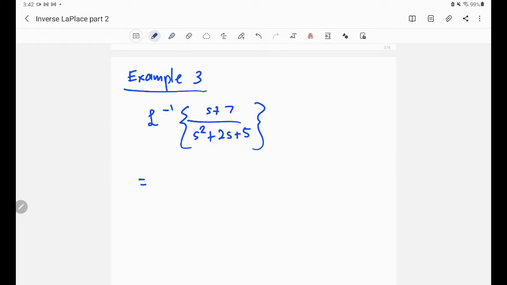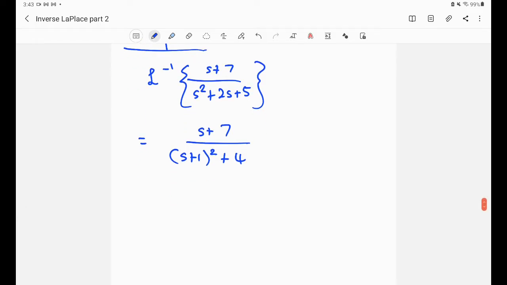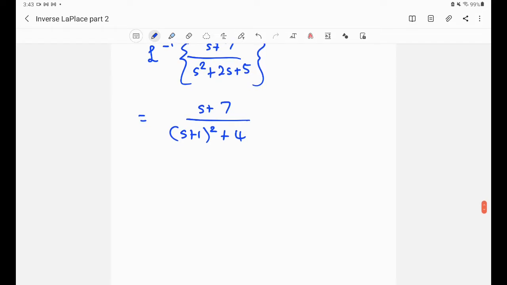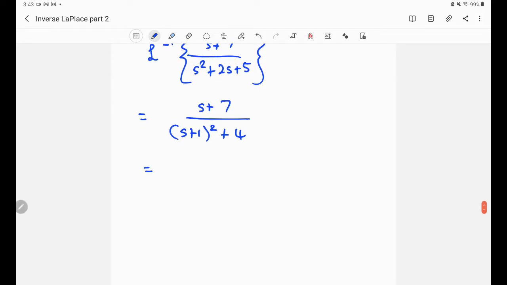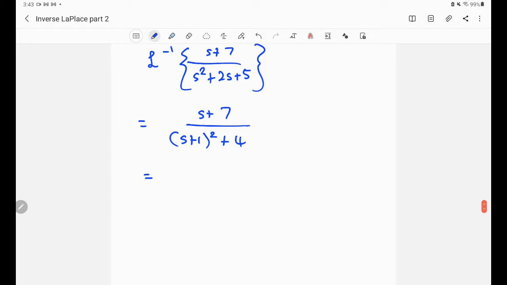Okay, it can actually be rearranged into this form, and then this can be further rearranged, because the denominator and the numerator have to have s plus 1 for it to change to a cos function. So we can rearrange the same equation into this form.